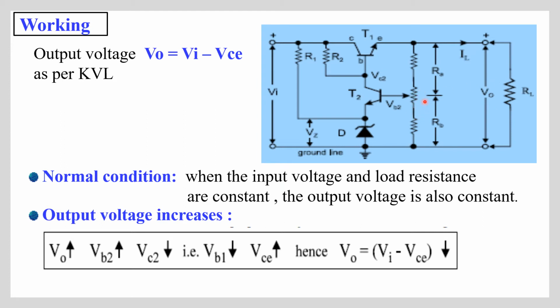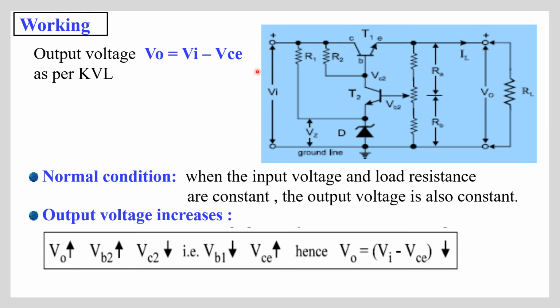The output is fed back to the base of the transistor T2. So the base voltage of transistor T2 increases and the collector voltage of transistor T2 decreases. In turn, the base voltage of transistor T1 decreases and this causes an increase in collector current. Hence, what is our equation? VO is equal to VI minus VCE.